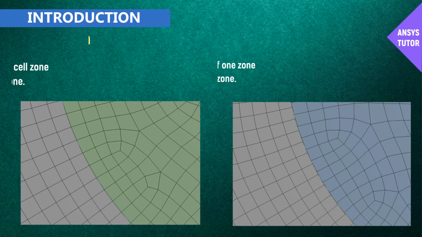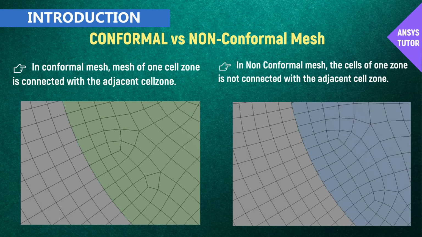In non-conformal meshing, the mesh of two cell zones is not connected with each other. Here the question comes: if there is no connection between the cell zones, then how would the solution pass between the zones? The answer is that after creating the non-conformal mesh, we need to set up the mesh interface, so the solution interpolation can occur at these interfaces and the flow result can pass through.